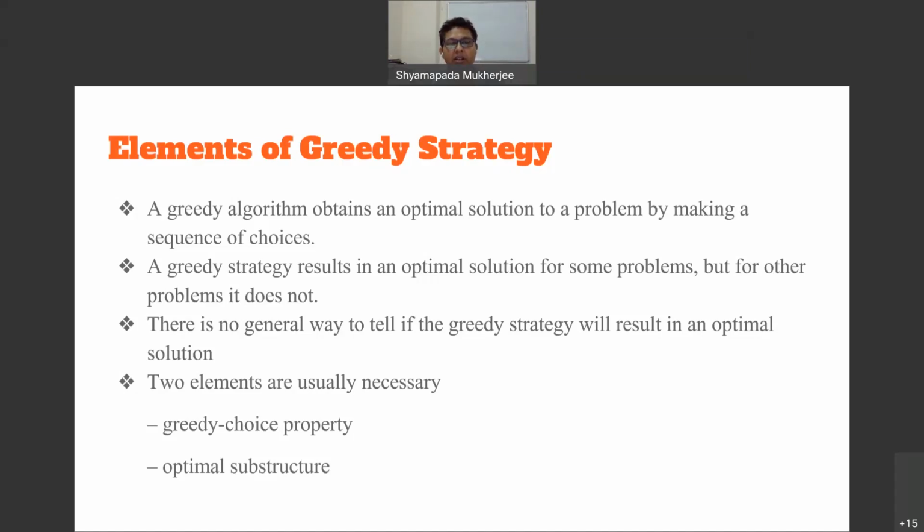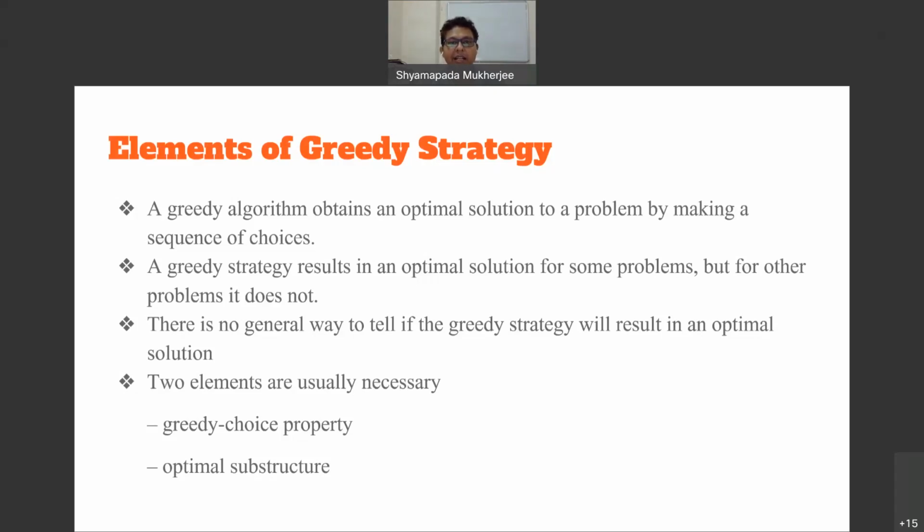It will not look into the other sub-problems by solving them individually and then decide which particular solution is optimal. Instead, the solution which looks best at the moment will be selected as a greedy choice or best choice, and this idea is called greedy choice property.